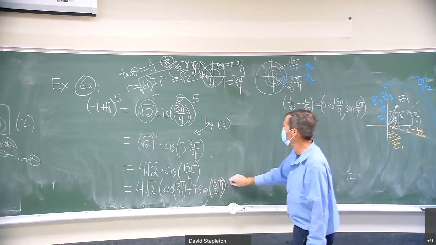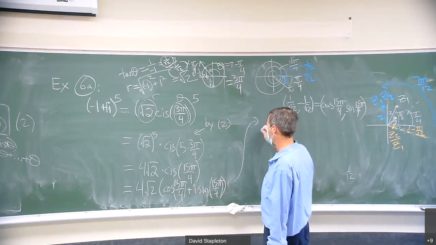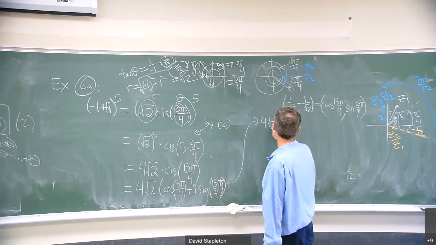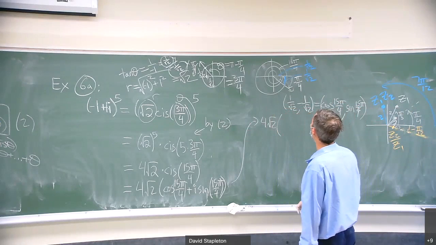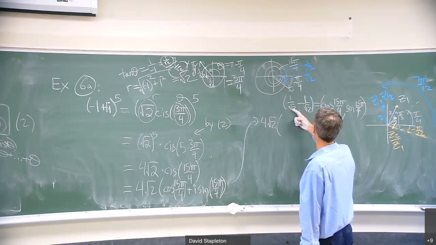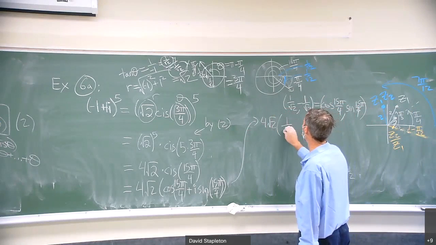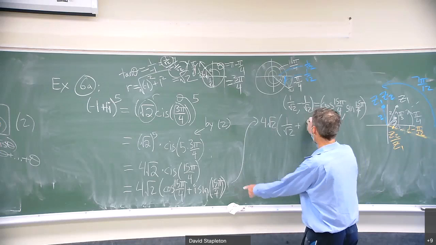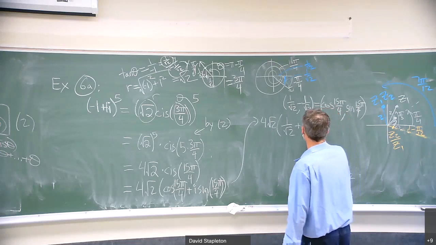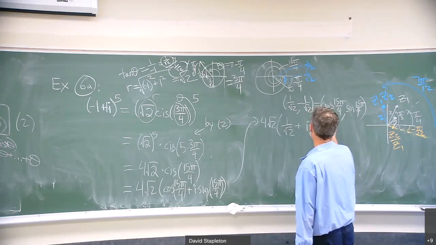So I put those in. The 5th power here is 4 square root 2 times cosine, which is 1 over square root 2, plus i sine, which is minus 1 over square root 2.